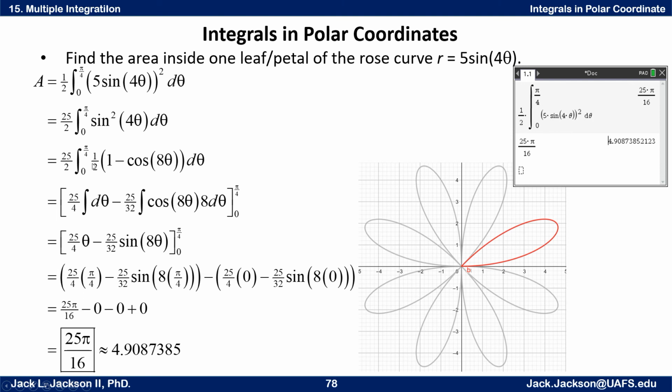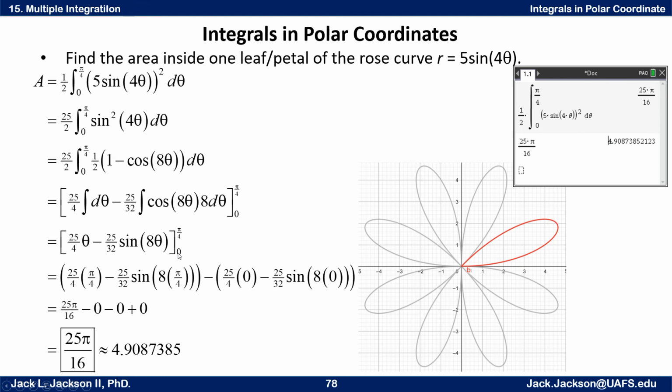So 1/8 times the 25 fourths is 25 32nds. So that's here. The minus is from here. All right, so the first part, the antiderivative of d theta is just theta. And here on the second part, the antiderivative of cosine u du is sine of u, being 8 theta.